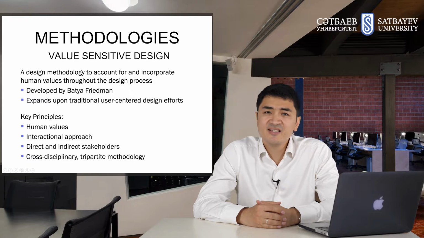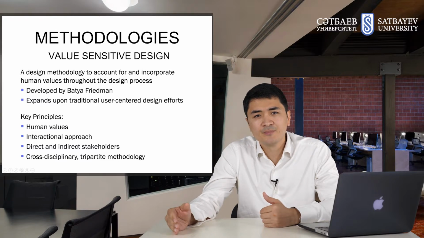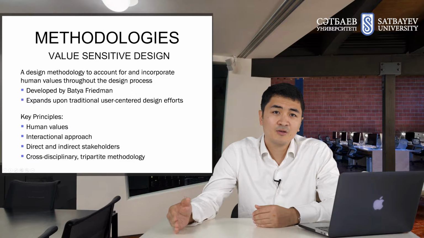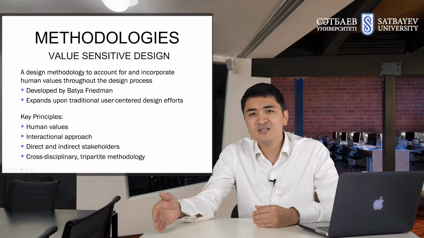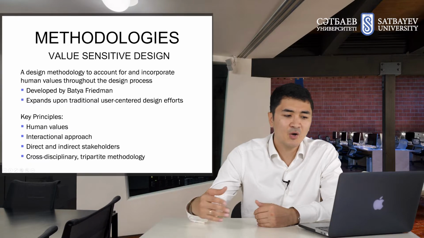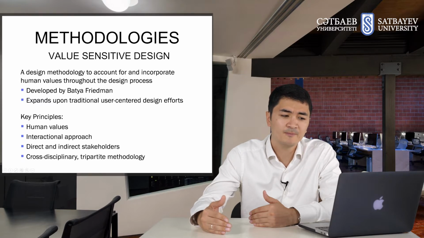And one further step of this methodology is value-sensitive design. Value-sensitive design extends this methodology and takes into consideration not only a user or a business process where this technology is applied, but also human values that are incorporated in this business product.